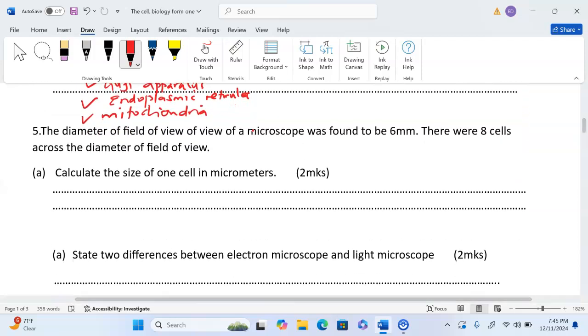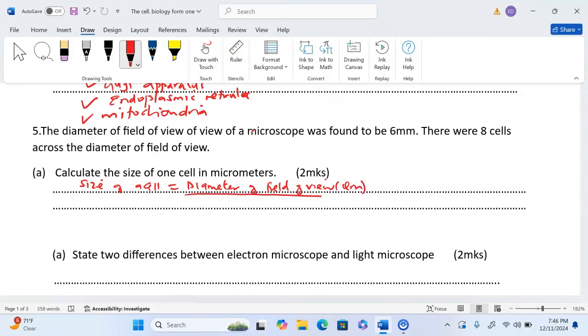Question number 5. The diameter of field of view of a microscope was found to be 6 millimeters. There were 8 cells across the diameter of field of view. Calculate the size of one cell. We know to get the size of one cell, we use the formula diameter of field of view in micrometers, you divide by the number of cells observed along the diameter of field of view.